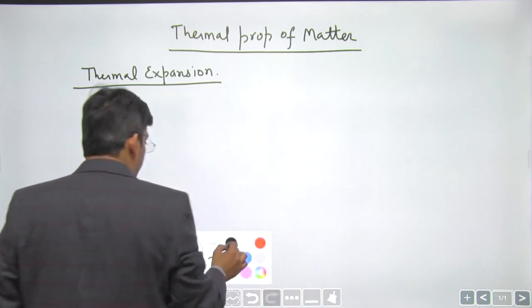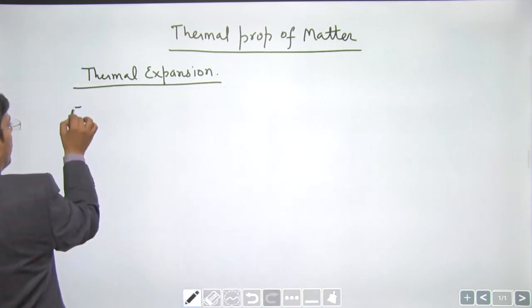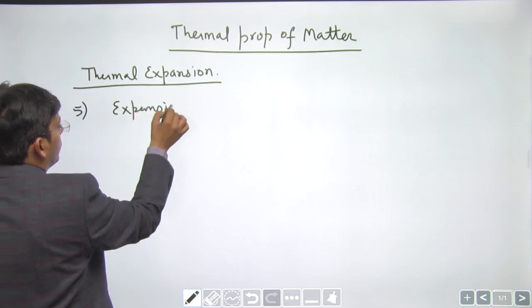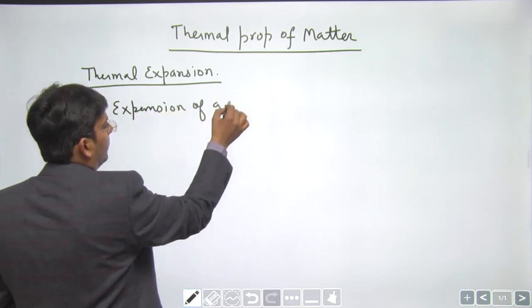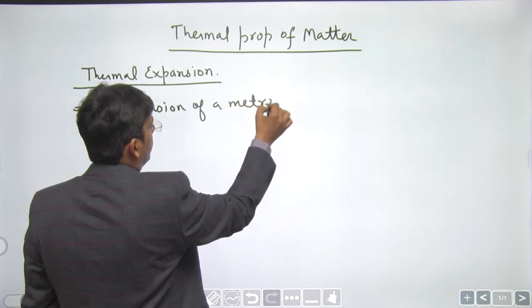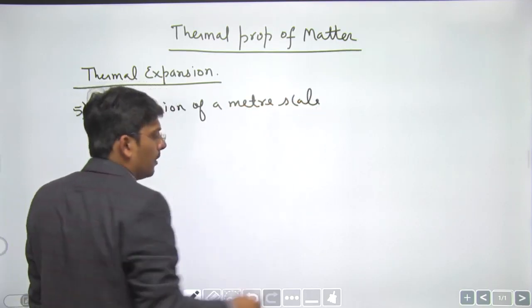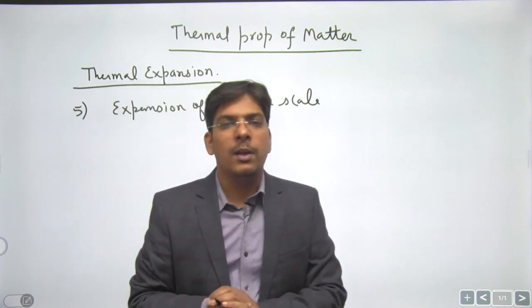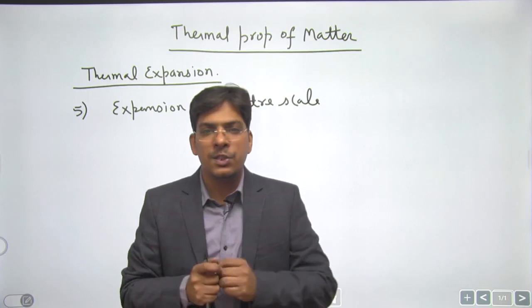Dear students, let us now do another variant, which is expansion of a meter scale. See, you go to a shop to buy some cloth, not the ready-made cloth, rather the unstitched cloth.